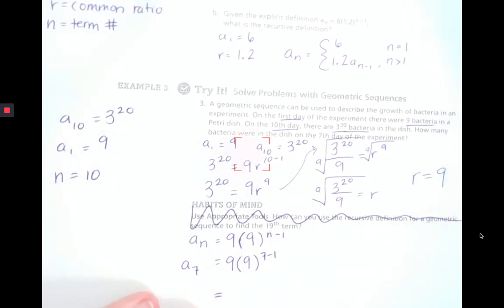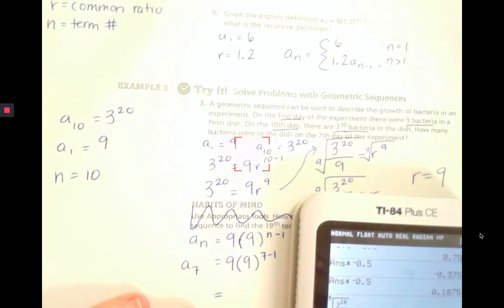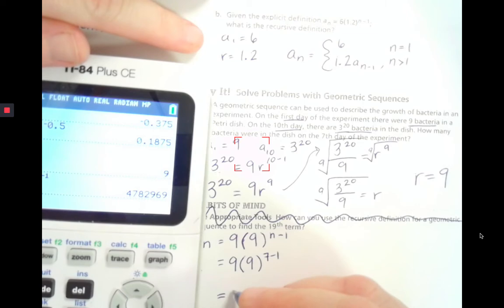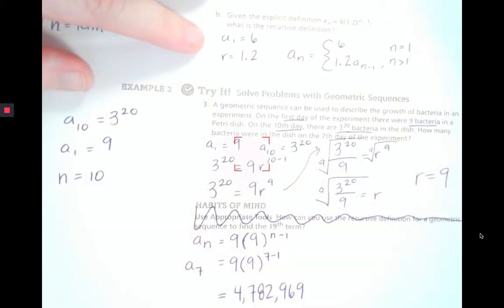You put that straight in your calculator just as it looks. 9 times 9 raised to the 7 minus 1. And we get on the 7th day, there were approximately 4,782,969 bacteria in the petri dish.